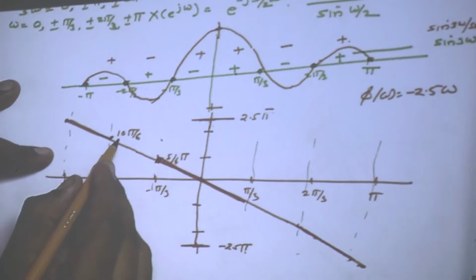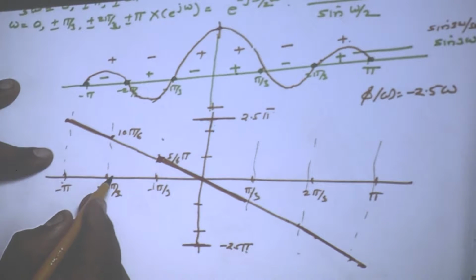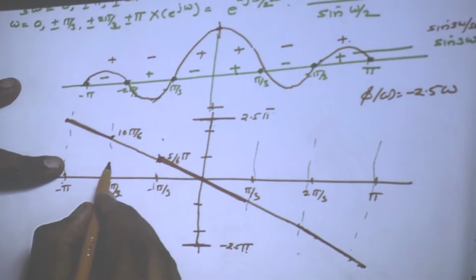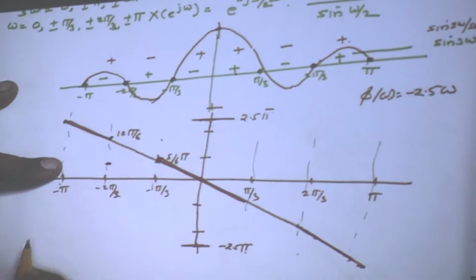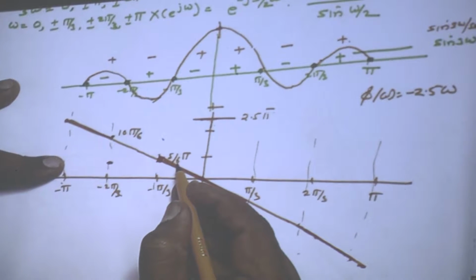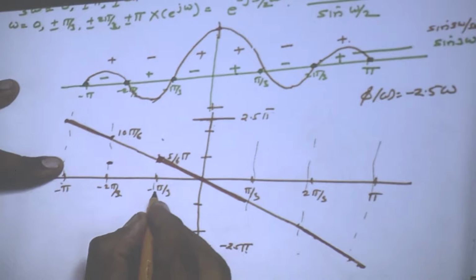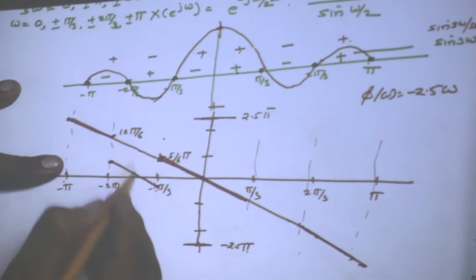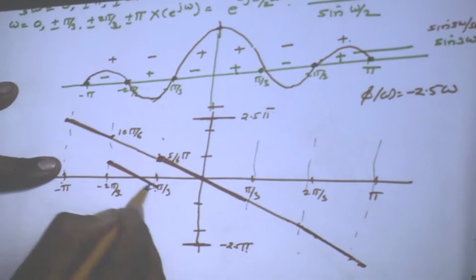So 10 pi by 6 minus pi is 4 pi by 6. So 4 pi by 6 is just below this, somewhere here. This is the point. And 5 pi by 6 minus pi will be minus pi by 6, so somewhere here. So it is the line joining these two. Same slope with a difference of pi.